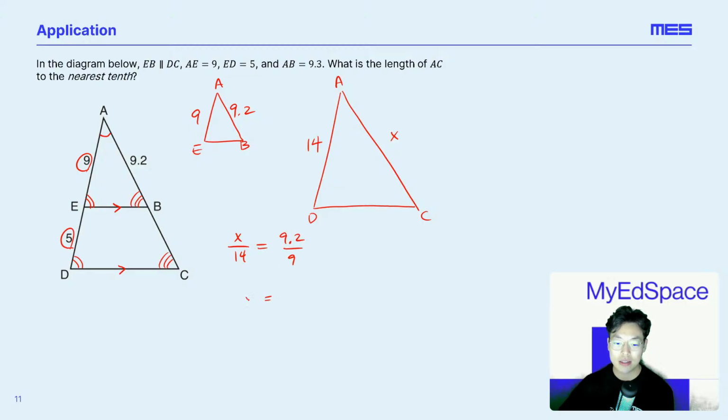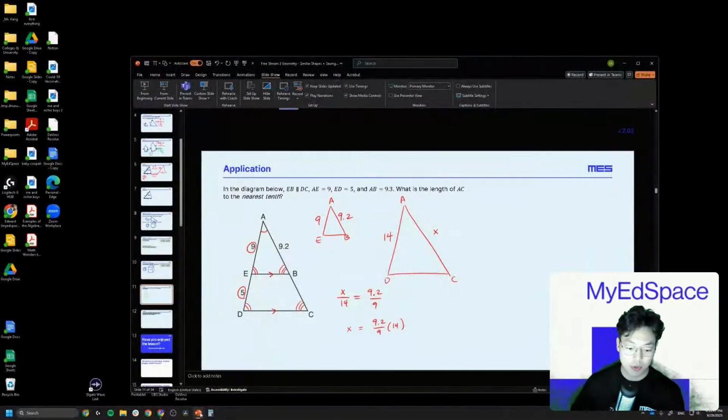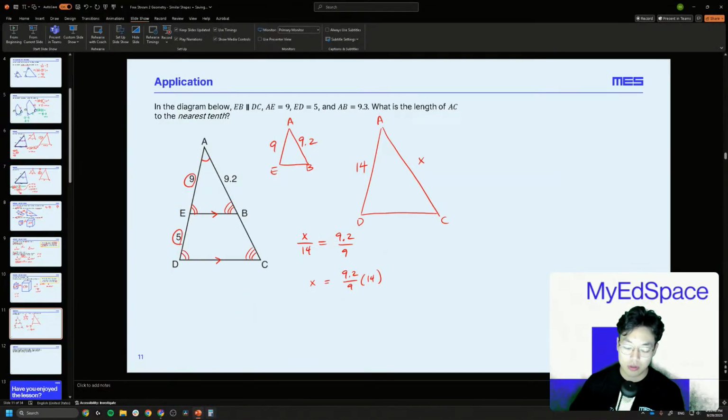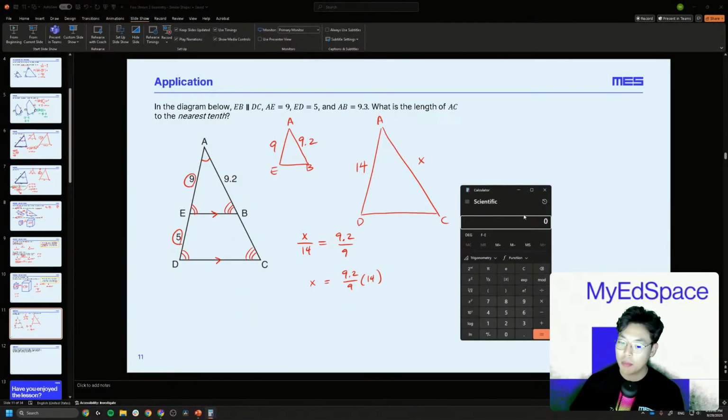And now we multiply both sides by 14. And let's do that on a calculator. I'm going to open up my calculator, and I see 9.2 divided by 9 times 14. Boom, 14.3.